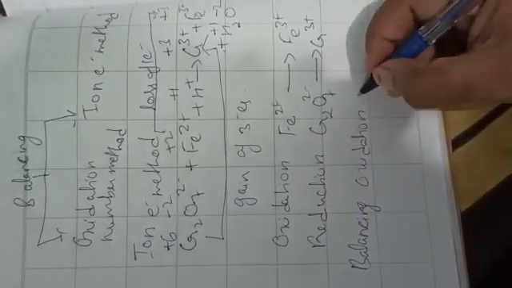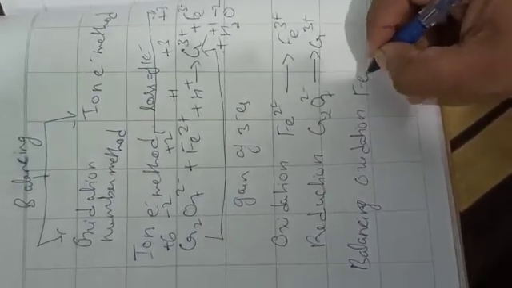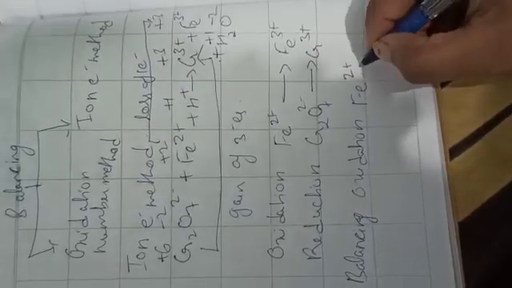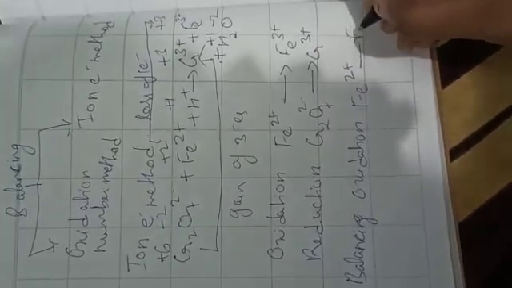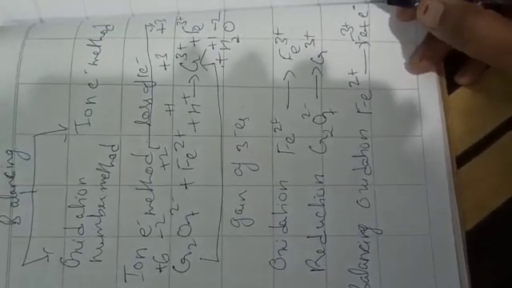For balancing the oxidation half, let's take iron. Here iron is Fe2 positive, and here it is getting Fe3 positive with the loss of 1 electron. So that is why we are writing it as Fe3 positive plus electron. There is a loss of 1 electron.